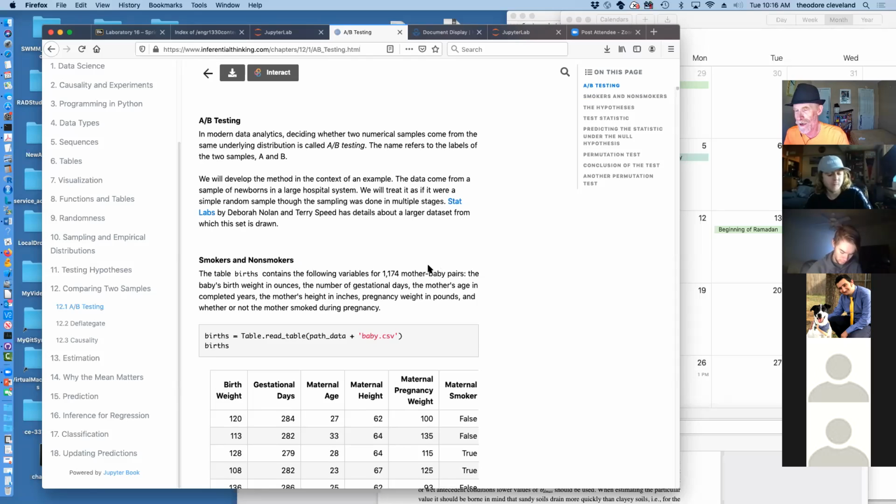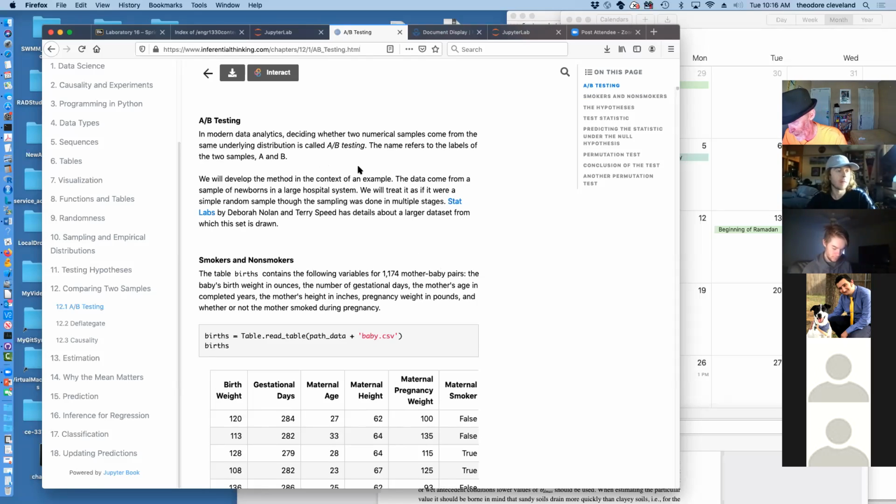So we've already explored tests to see if a sample has properties of normality, and we've actually explored tests that would let us tell if two samples appear to come from the same underlying distribution.